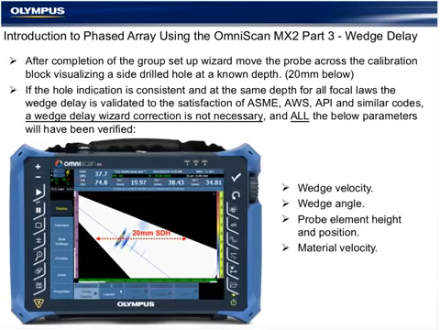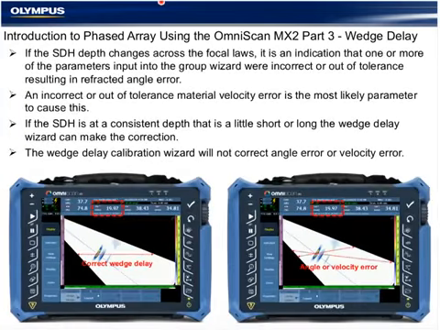If the side drilled hole depth changes across the different focal laws, it's normally an indication that a parameter from the calculator is incorrect. If the side drilled hole is at a consistent position and straight and flat, it's an indication that our initial setup was very, very close.